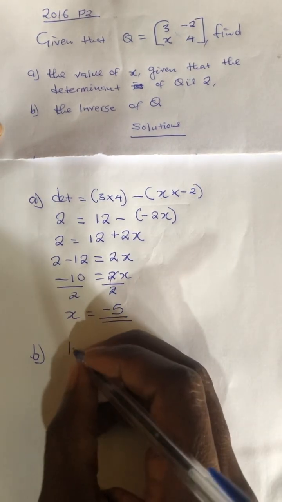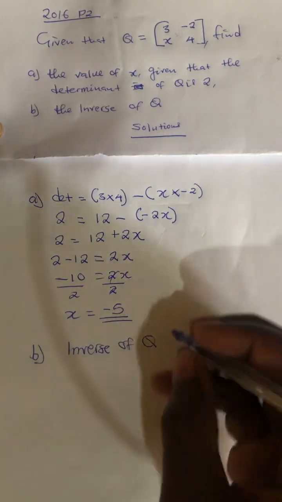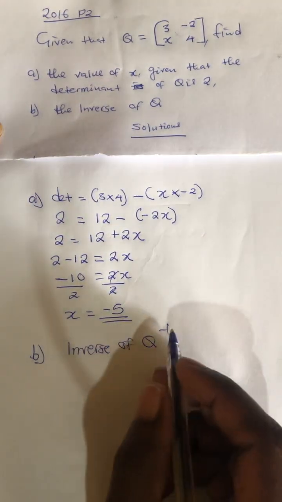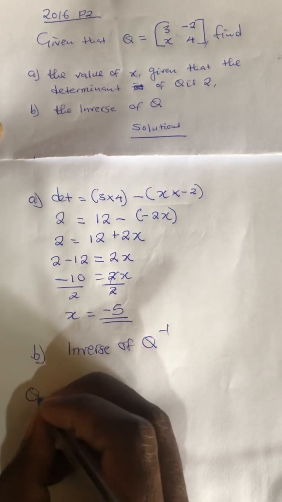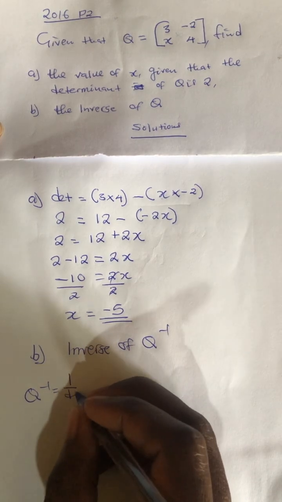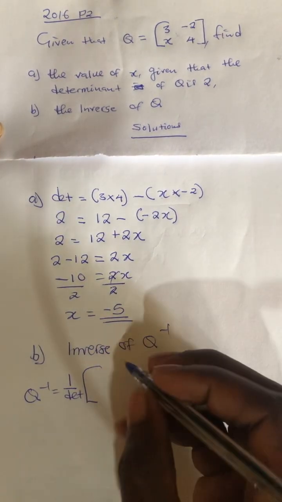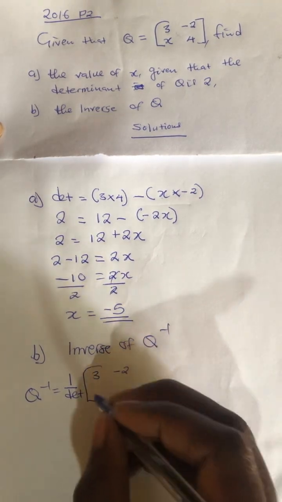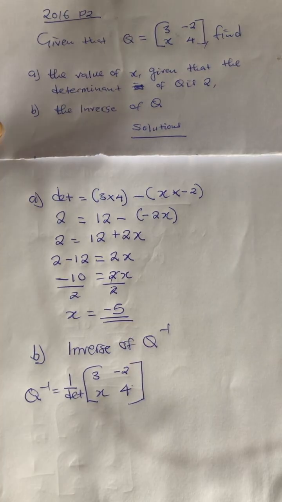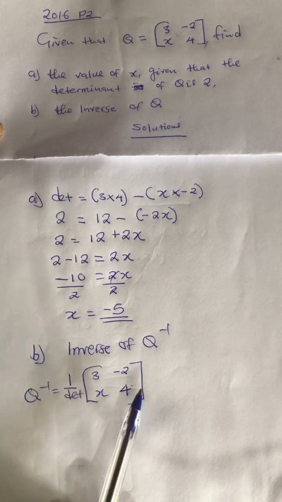B is asking for the inverse of matrix Q. So Q inverse is equal to 1 over determinant multiplied by the matrix, which is 3, negative 2x, and 4. That's how it goes. So we are saying 1 over det multiplied by that.